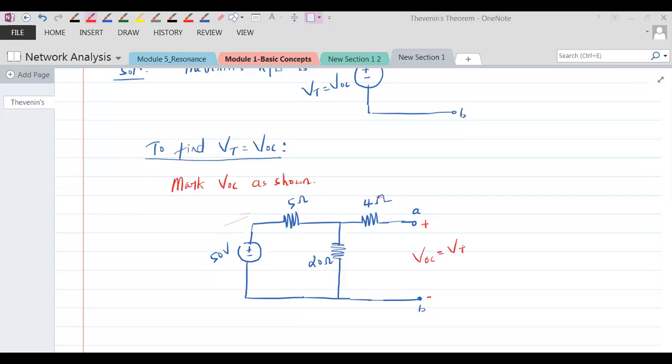In module number 1, what was happening when we were learning the basic concepts? They were very particular in saying, you have to find out a voltage by mesh analysis only, or you have to find out the voltage or current by node analysis only, or by source transformation and shift only.